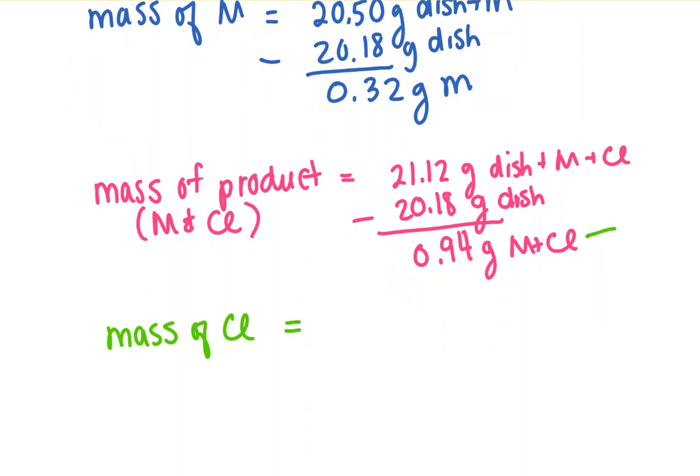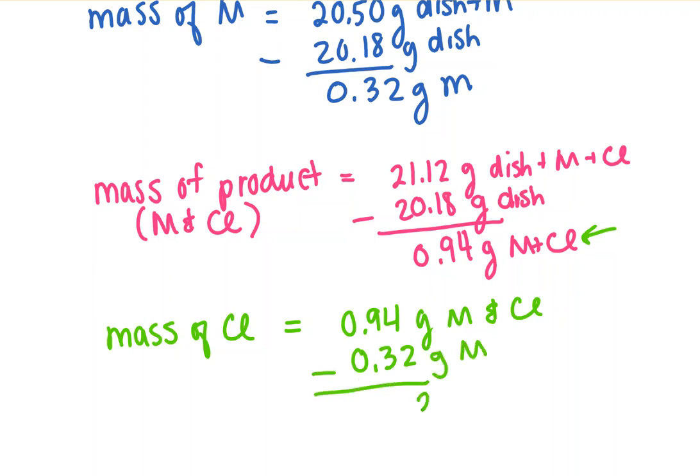So I have this mass of both, and then above I have the mass of the metal. That gives me the mass of the chlorine.